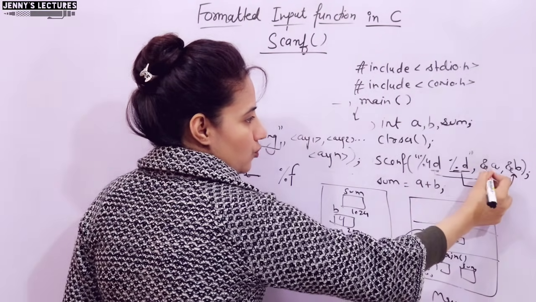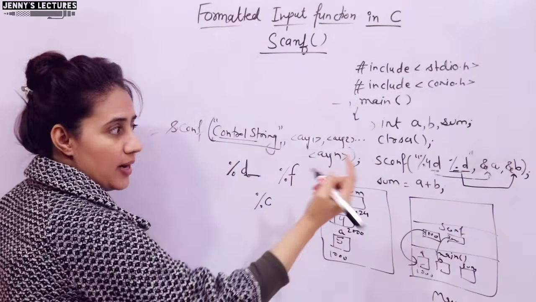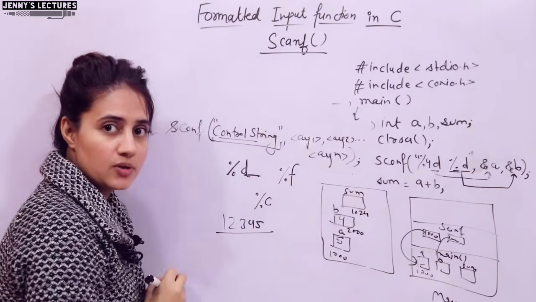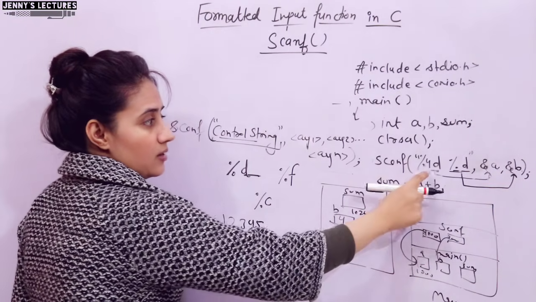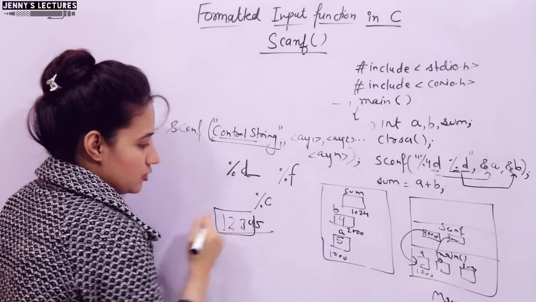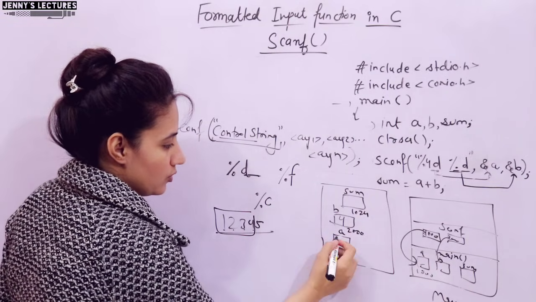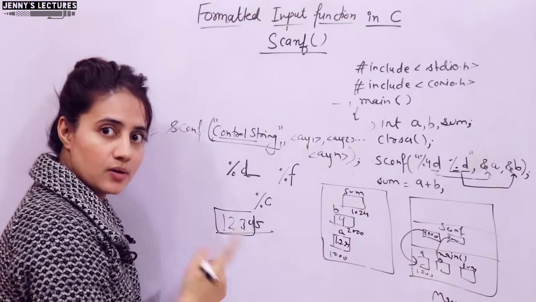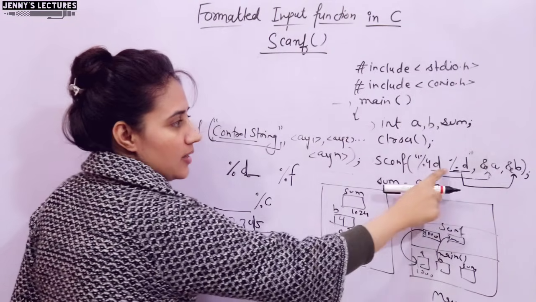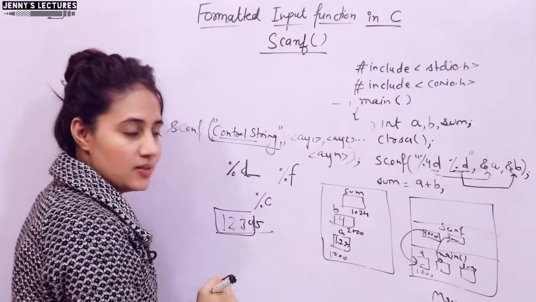So it will map to this one, A, and I'm entering the data 1, 2, 3, 4, 5. This is an integer obviously, but the width is 4 only. So it will take 1, 2, 3, 4, and it will store this number 1234 in A, right. And after that this 5, it will take in B, because here one more %d is there.